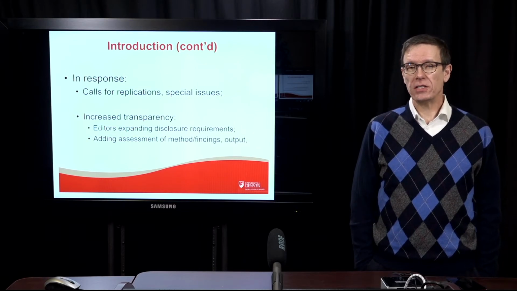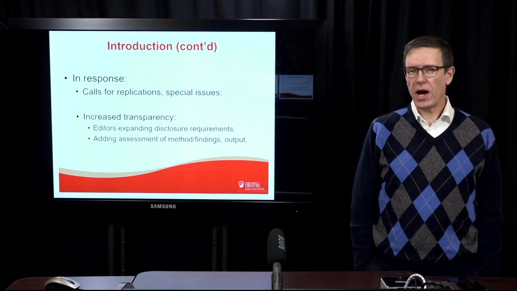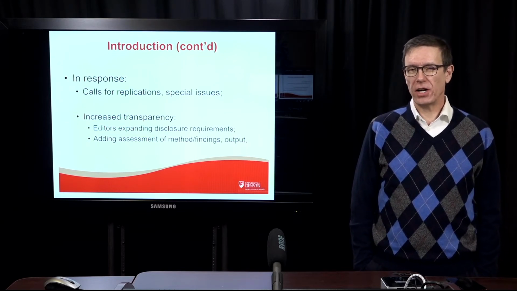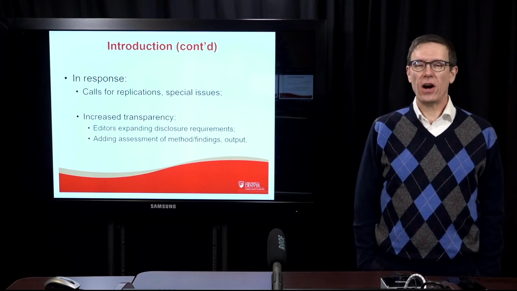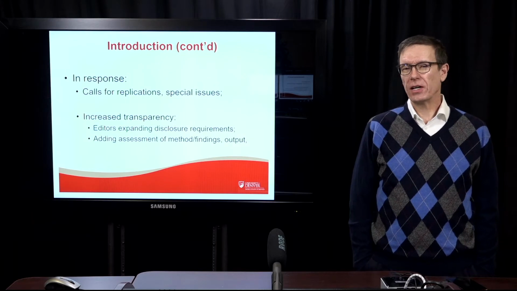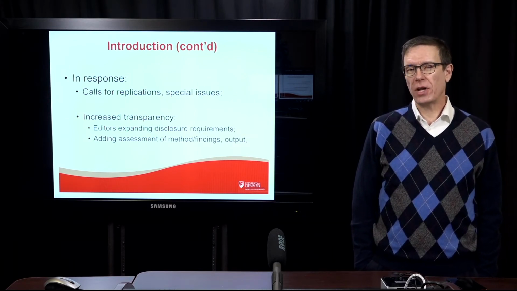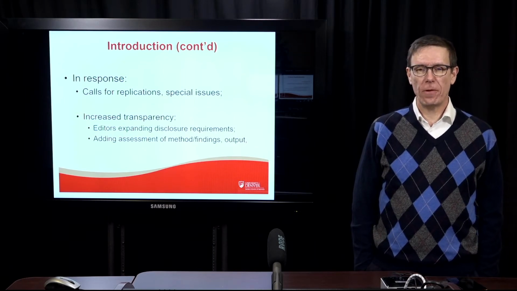The idea behind this increased transparency is that editors will demand and require greater disclosure of key statistics and methodological decisions in articles. In addition to that, some journals are adding an additional step in the overall review process to include having an expert examine methodological findings as well as output.